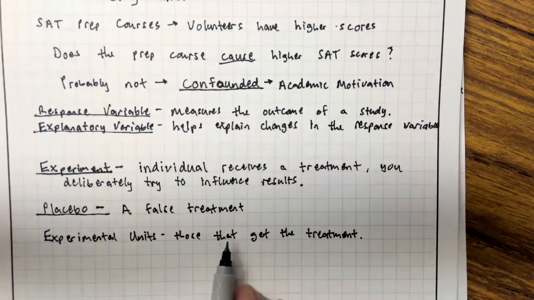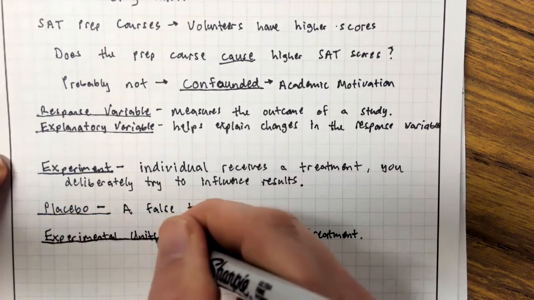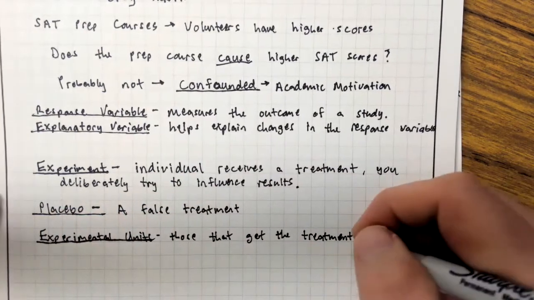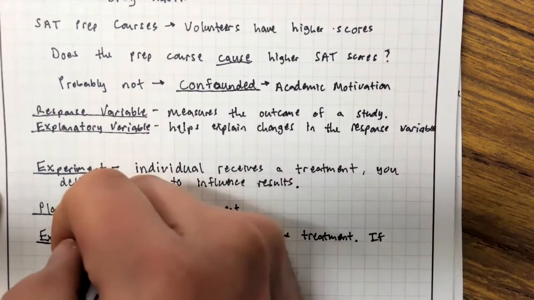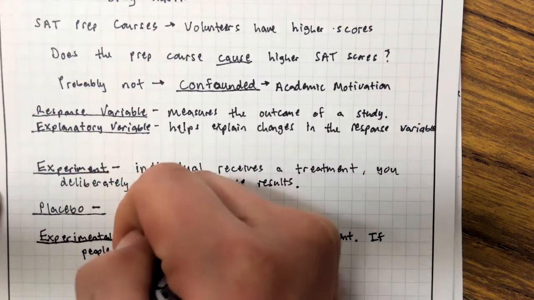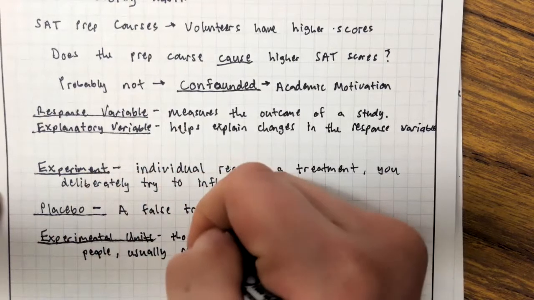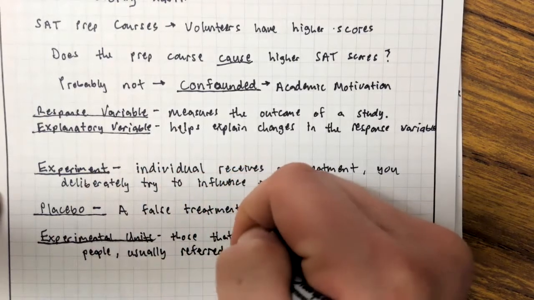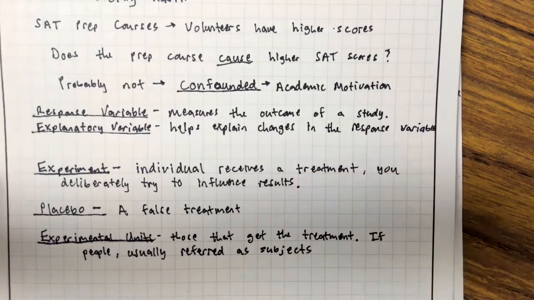I think of experimental units as being like lab rats, like they're always getting experimented on. If the experimental units are people, they're usually referred to as subjects. So just some terminology as we work through this experiments topic.